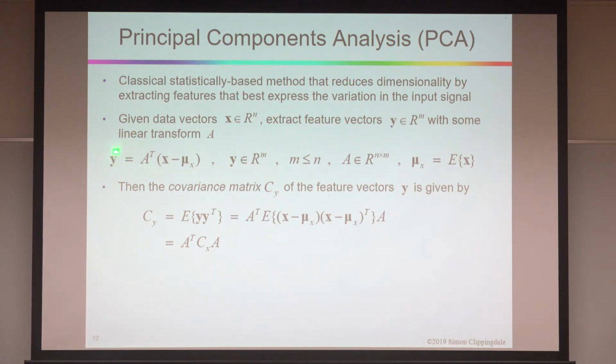So assuming that we get our feature vector through a linear transformation like this, after subtracting the mean here, the capital E here is the statistical expectation or average. So this is just subtract the statistical average of the input vector. There's a thing called a covariance matrix. Now, I don't know how many people are familiar with covariance matrices.